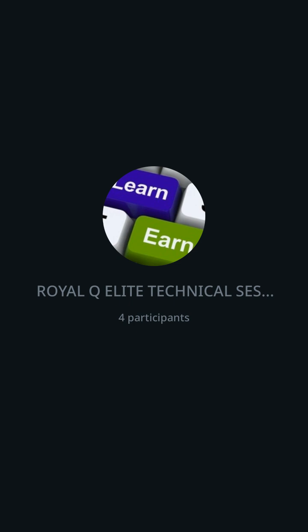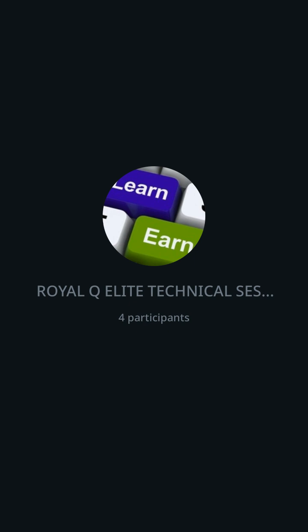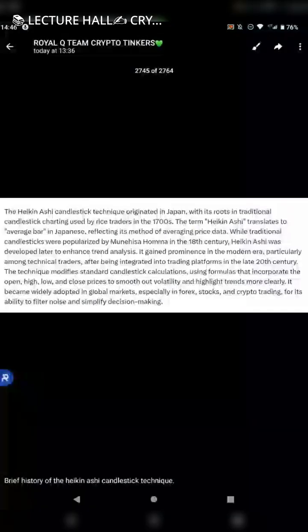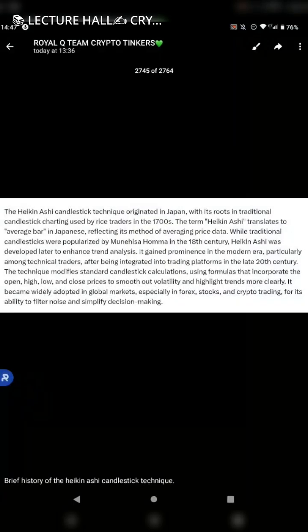While traditional candlesticks, which we'll look at very soon, we've already talked about it, but I'm just revising through. The traditional candlesticks were popularized by Munehisa Homma in the 18th century. Heikin Ashi was developed later to enhance trend analysis. It gained prominence in the modern era, particularly among technical traders, after being integrated into trading platforms in the late 20th century.